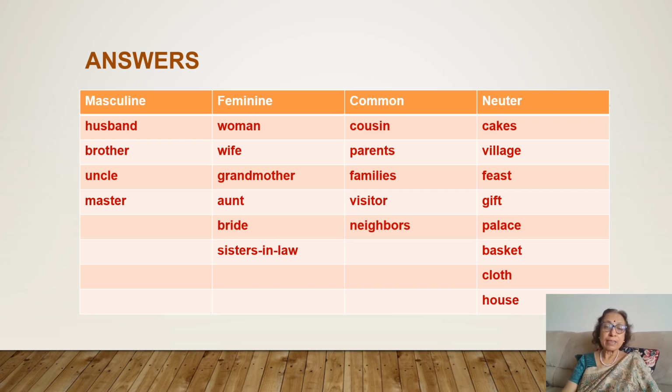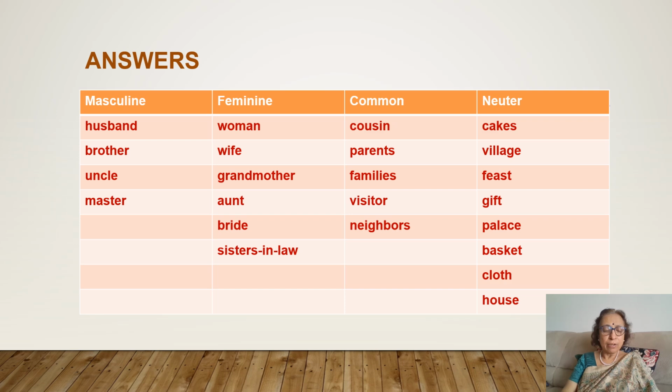Uncle and aunt, uncle is masculine, aunt is feminine, so first column and second column. Let them see what the new bride, bride is feminine, so you put it in the second column, has made for this feast. Feast is neuter, you put it in the last column.